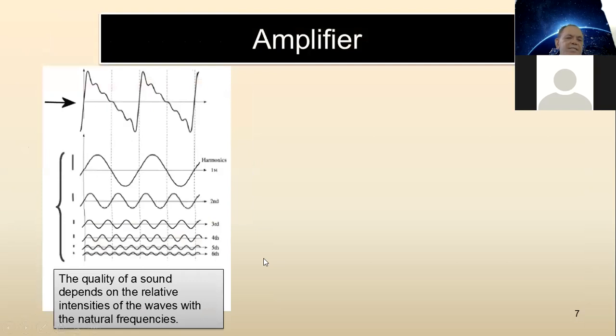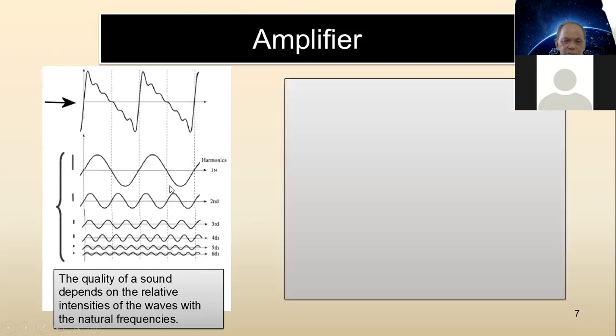Remembering that our speech can be something like that, we can analyze it and find that it is made up of different amplitudes and frequencies of sinusoidal waveforms. So an amplifier is required to amplify all these by the same amount.